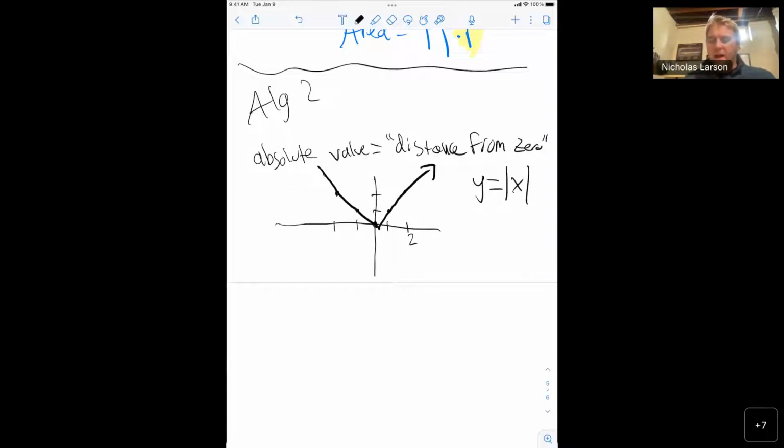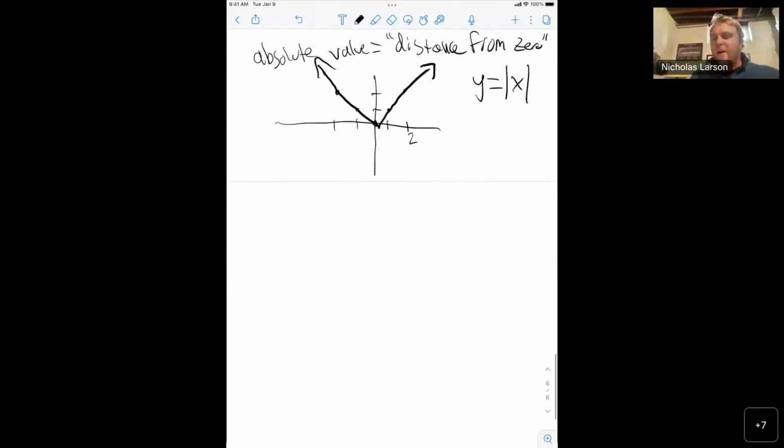As we talk about parent functions, this is what the parent function of an absolute value graph looks like. Now, we've done transformations before where we can slide it, reflect it, flip it. There are things that we can do to manipulate our equation.